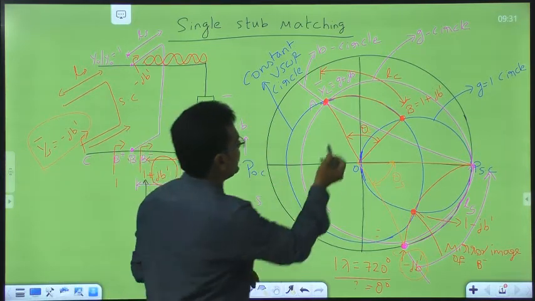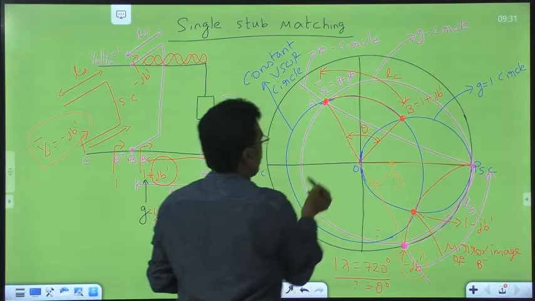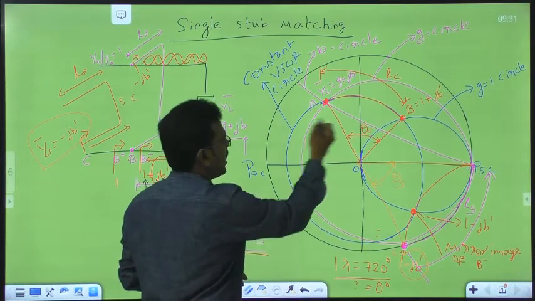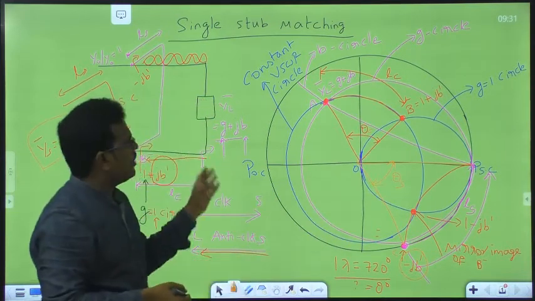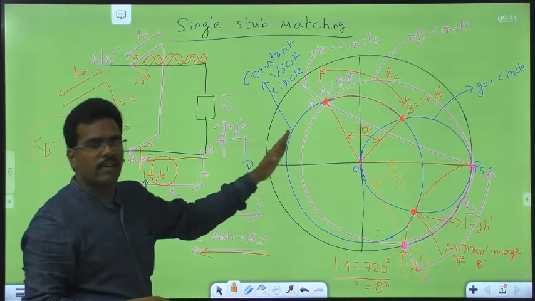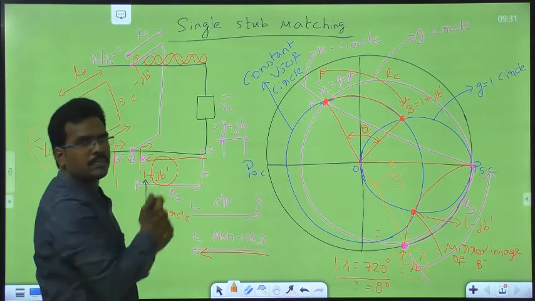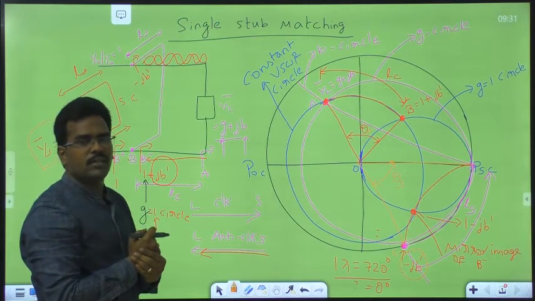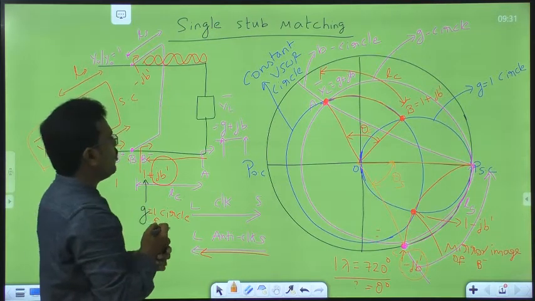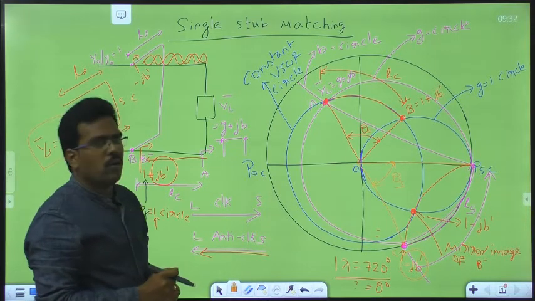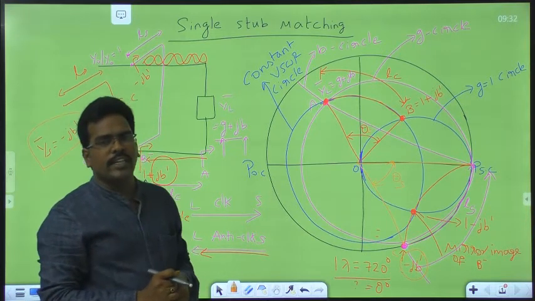In the previous case it is here; for example, if the impedance is some other point, the location of the stub varies. Whenever the load impedance varies, you have to keep changing the location of the stub, which is a difficult task. Therefore, to overcome these drawbacks, we will go for the double stub matching technique.